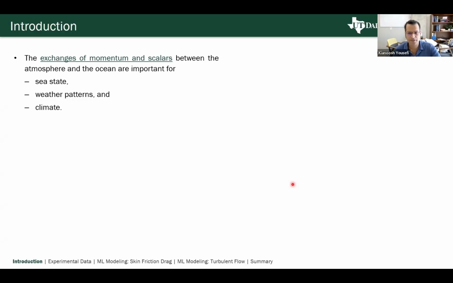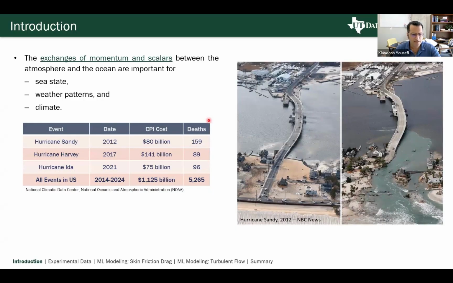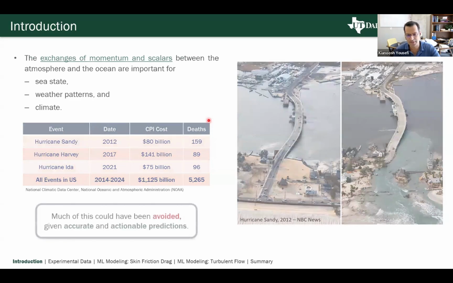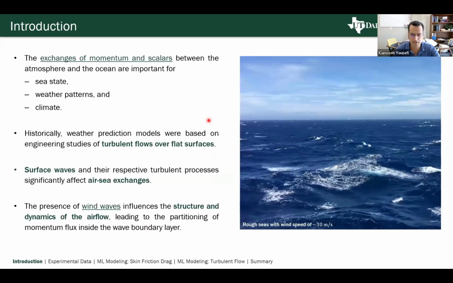We all know that RC fluxes are important for sea state and weather patterns and for accurate prediction of extreme weather events. There is still a lot of work that needs to be done, specifically for parameterizing the RC fluxes, which requires better understanding of near surface, small scale interactions and processes that happen near the surface of the ocean.